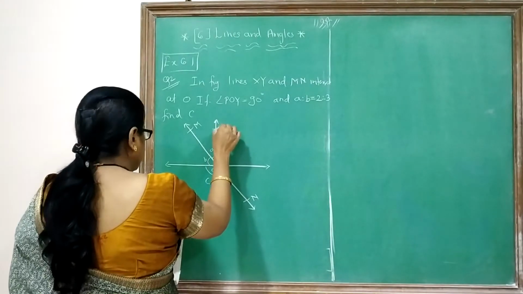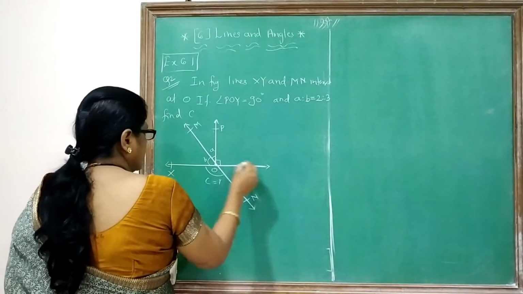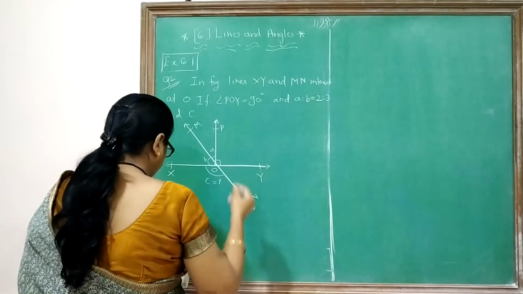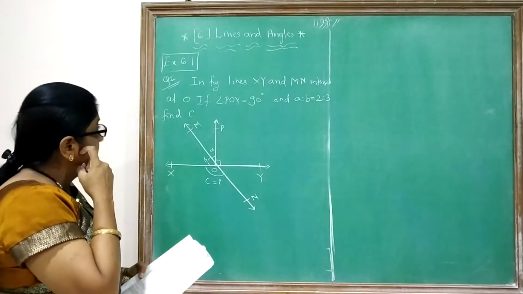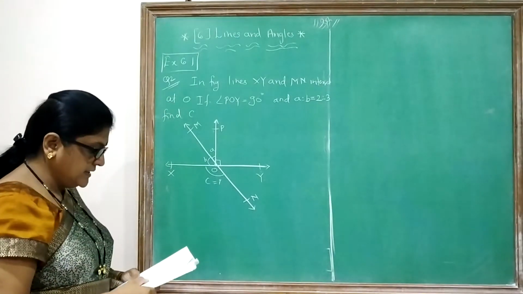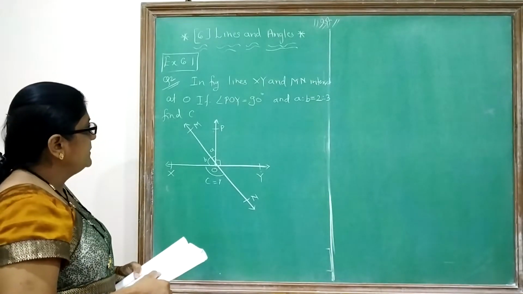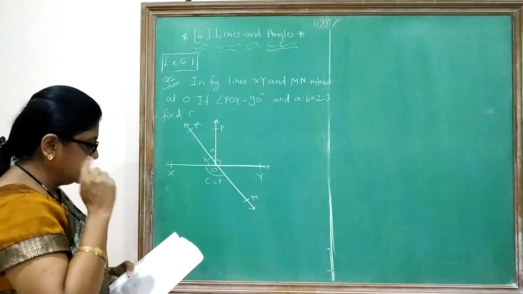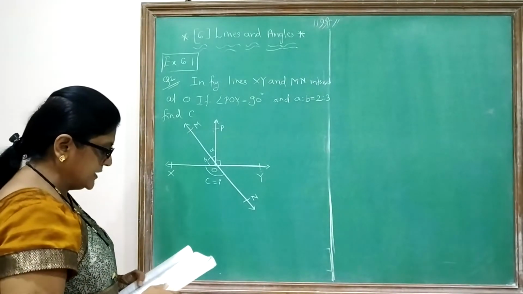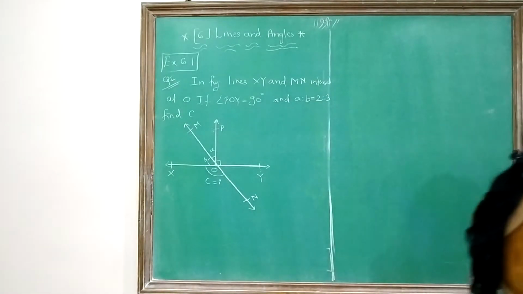This diagram is given in your textbook. Lines XY and MN intersect at O. Angle POY equals 90 degrees. a : b equals 2 : 3. Then find c.